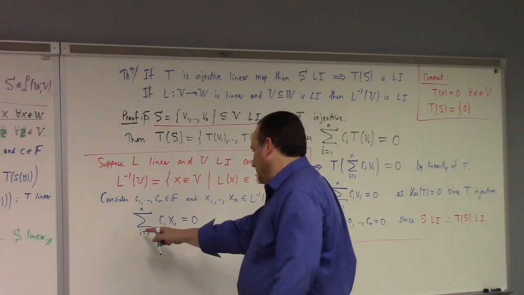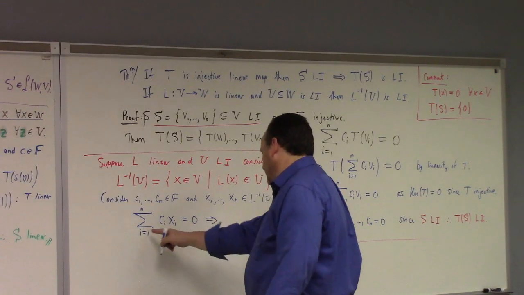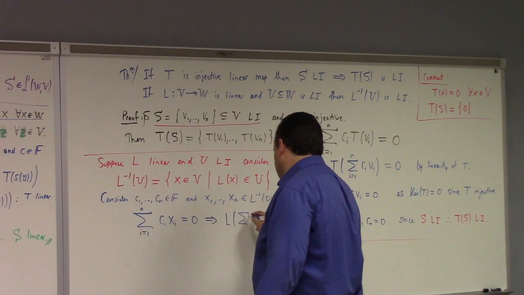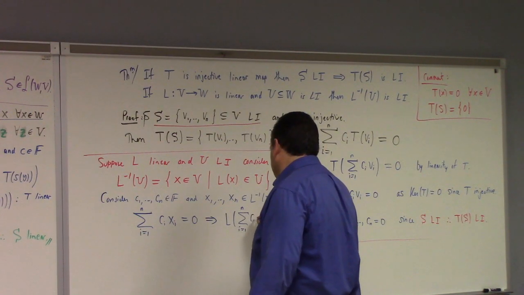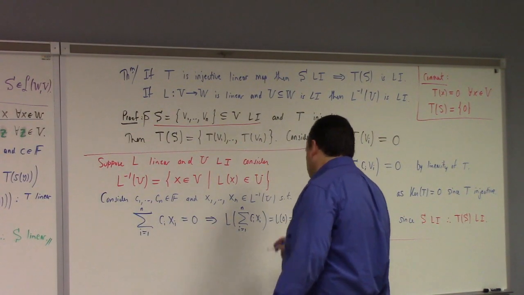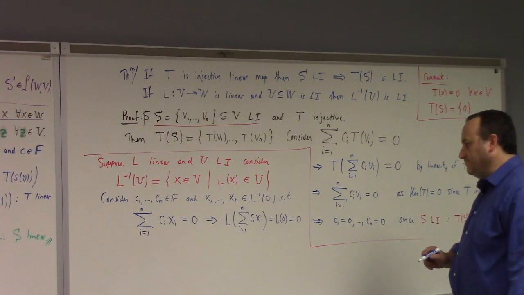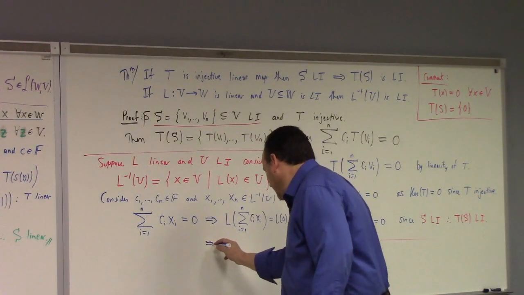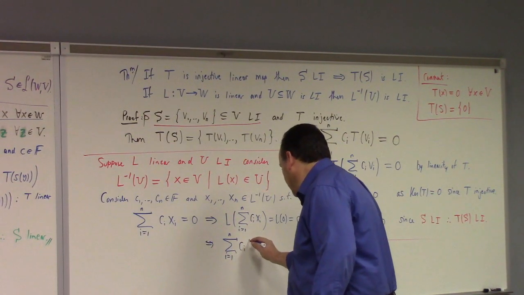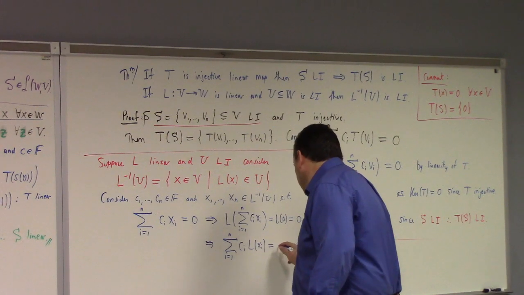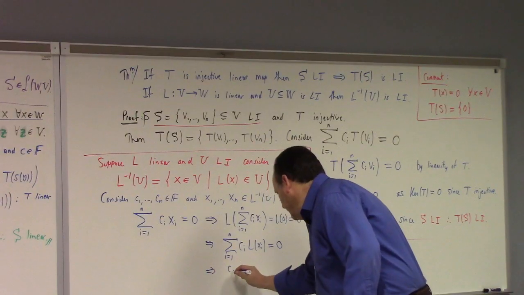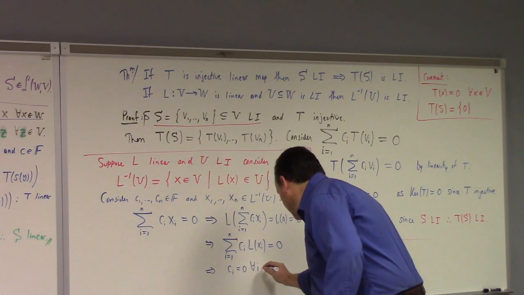I go, okay, so if I take L of this, what do I get? L of the sum equals L of 0. What was L of 0? L is linear, so 0, right? 0 maps to 0 under a linear map. But then again, by the linearity of L, we have the sum over i equals 1 to n of ci L of xi is equal to 0. But this implies that ci is equal to 0 for all i.